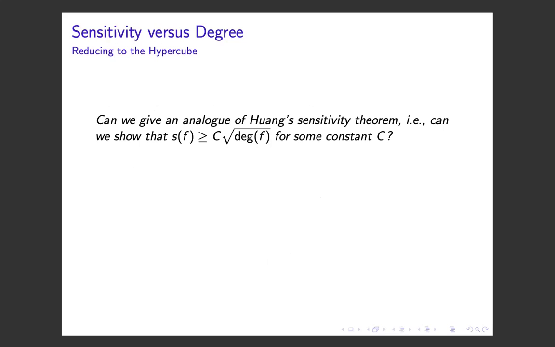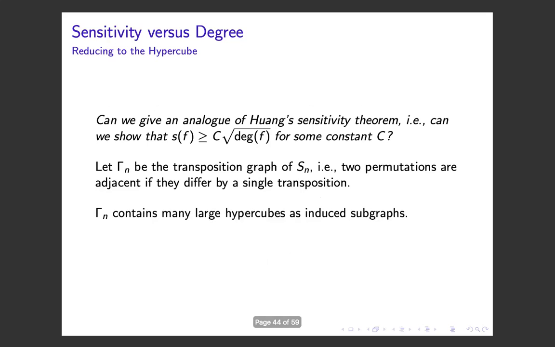Here's a very natural question. Now that we have this definition of sensitivity, if we're showing that it's indeed polynomially related to these other complexity measures, then we need some sort of analog of Huang's sensitivity theorem for permutations. How would you go about doing this?